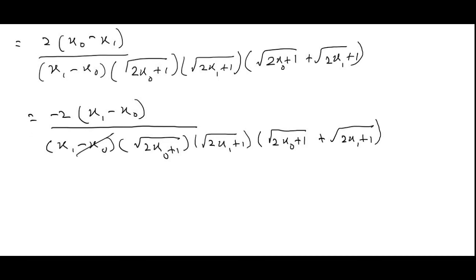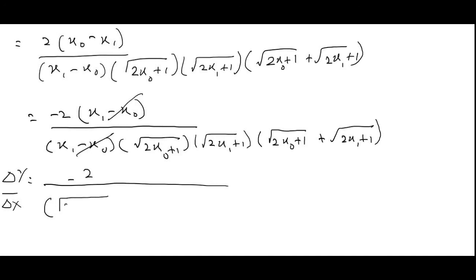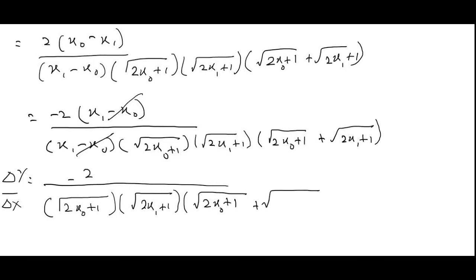This term x1 minus x0 and x1 minus x0 is cancelled and we can write delta y by delta x is equal to minus 2 over under root 2x0 plus 1 under root 2x1 plus 1 (under root 2x0 plus 1 plus under root 2x1 plus 1).